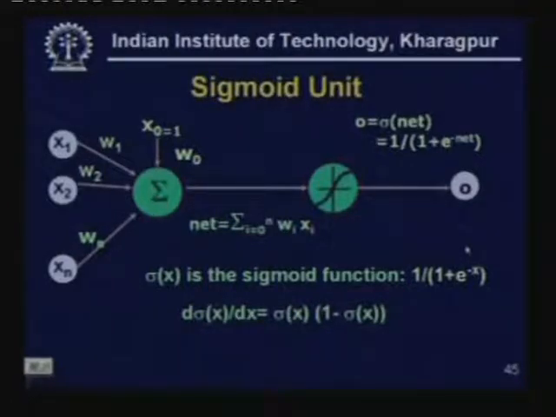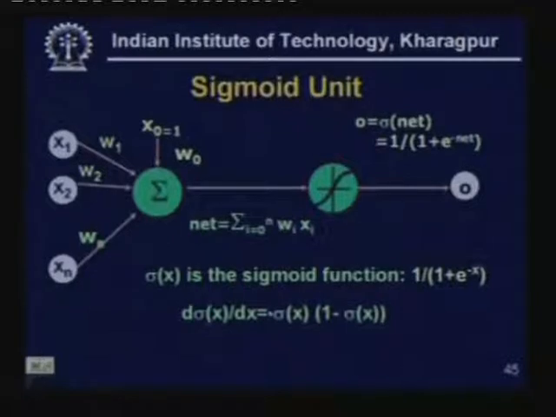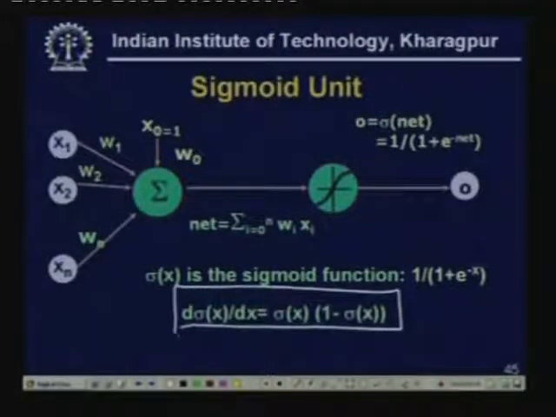Now, the sigmoid function, as we said, is differentiable. Its shape is a little bit similar to the thresholding function, and sigmoid functions are also very easy to manipulate, because if you do the math, d sigma(x) by dx is nothing but sigma(x) into 1 minus sigma(x).